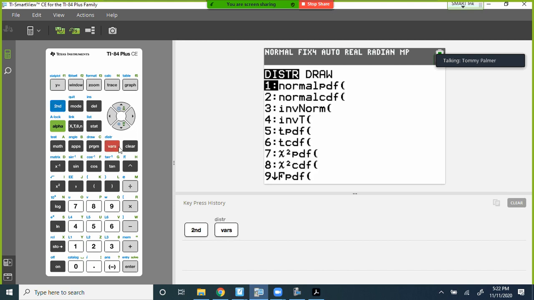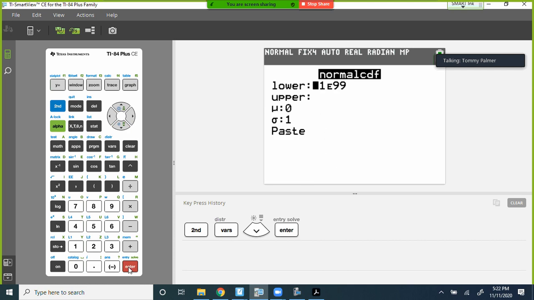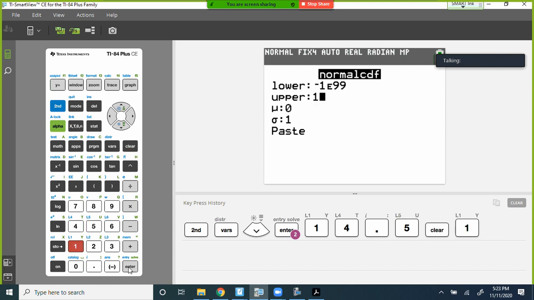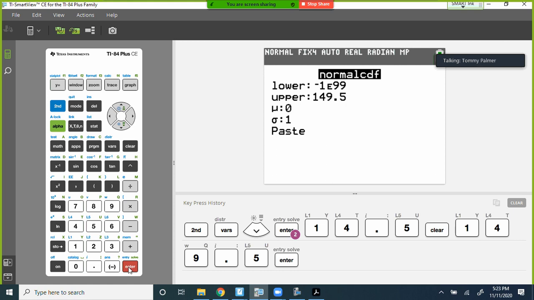So let's go second, VARS, right? And we're doing a normal cumulative distribution function. Now, mine comes up with the lower already at negative 1E99. So we'll hit enter. Upper is going to be 149.5, right? Now my mean, we said our mean was what? 140. That was n times p, right?